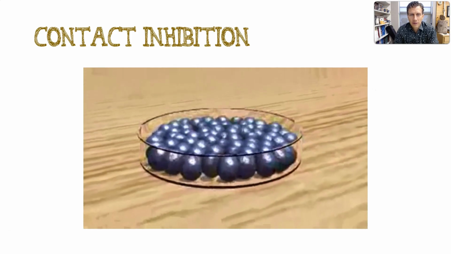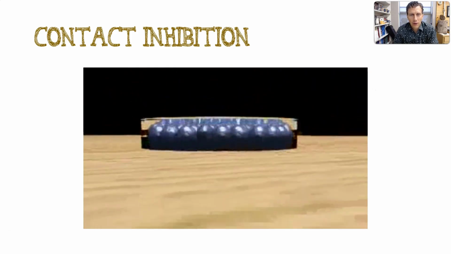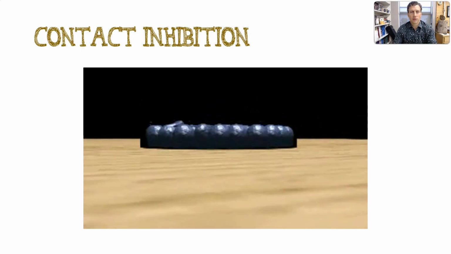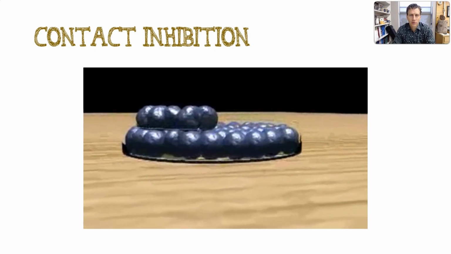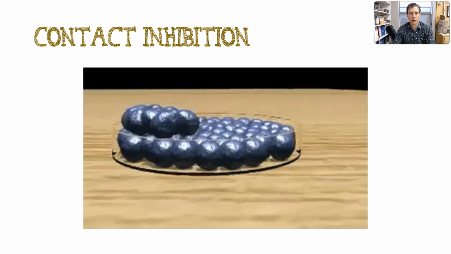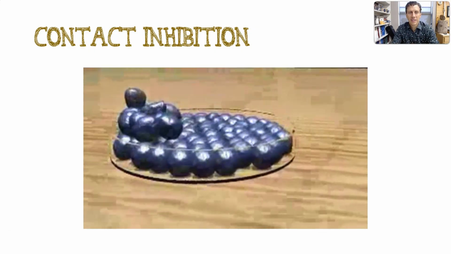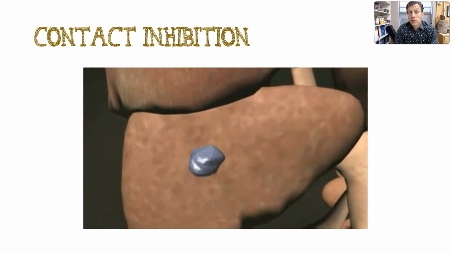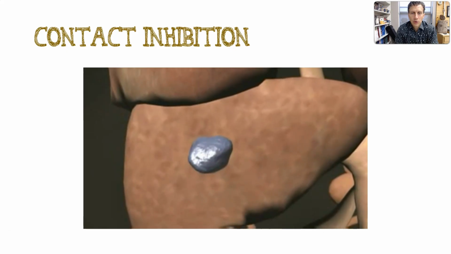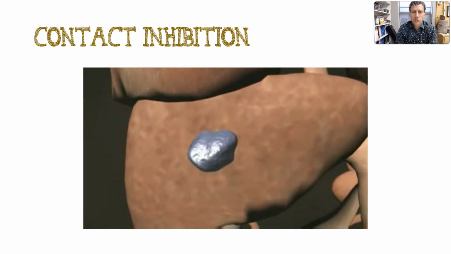You can see here, this is normal, healthy tissue growing in a controlled layer, but cancer cells will divide out of control. Even though they are pressed against each other, they will continue to do cell division and produce a growth. And that can shut down a tissue like this, or an organ, maybe the liver or something like that.